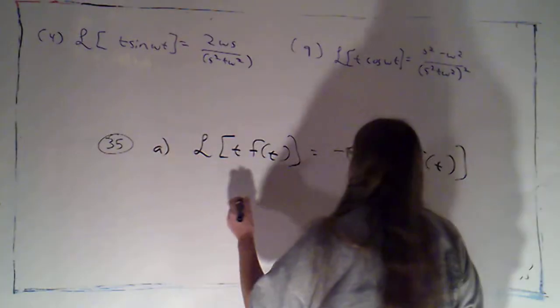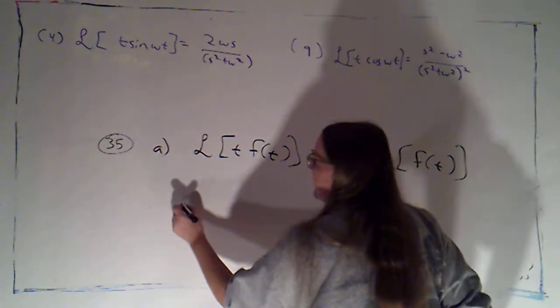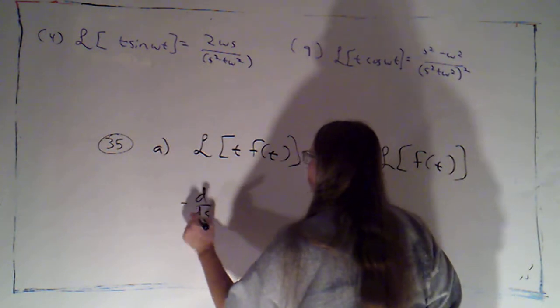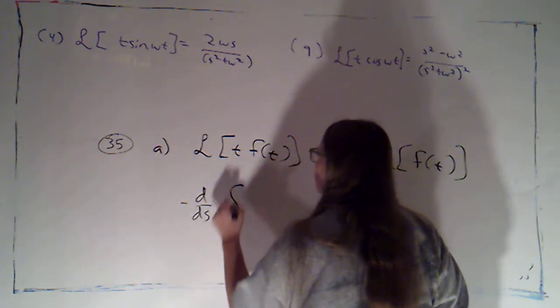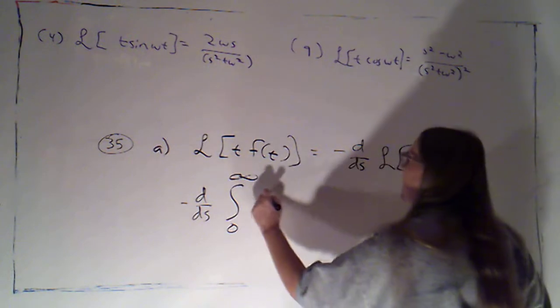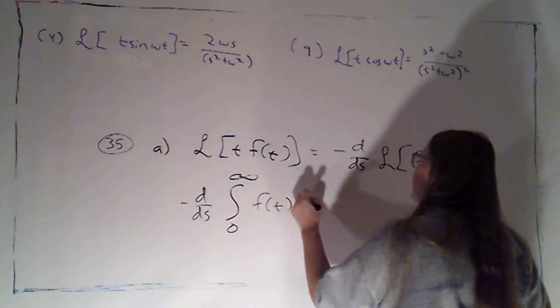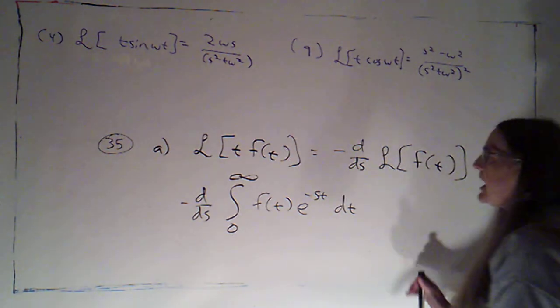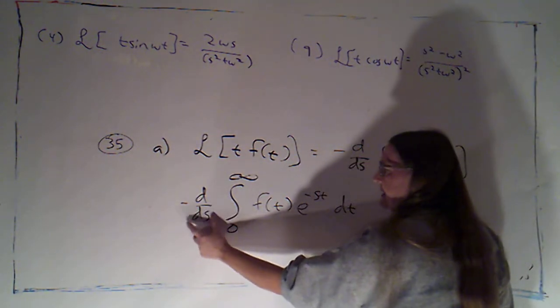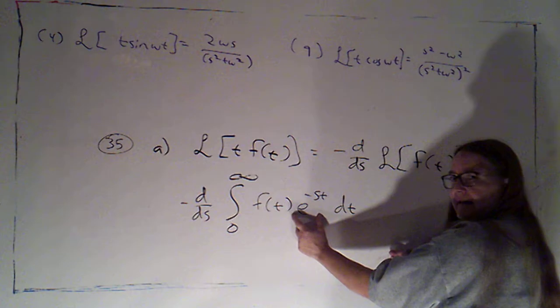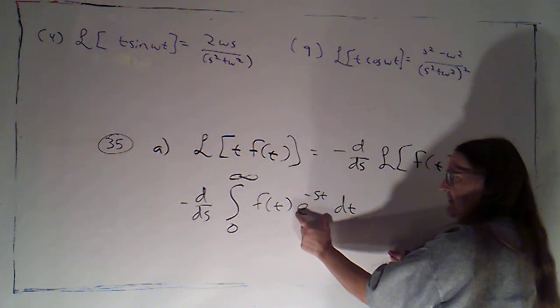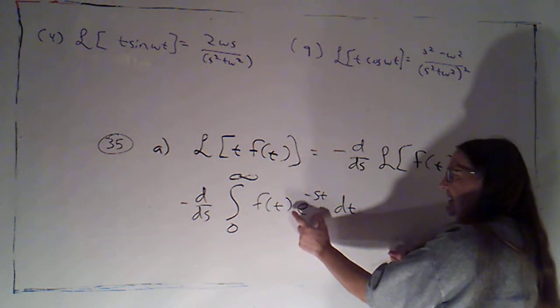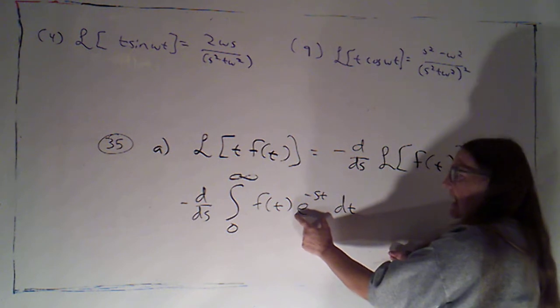Okay? Because essentially, this would have me be taking the opposite of the derivative with respect to s of the integral from 0 to infinity of f of t times e to the negative st dt. Now, I can see that if I just pulled that d by ds in and put it right here and took the derivative of this, that's going to give me e to the negative st times negative t.